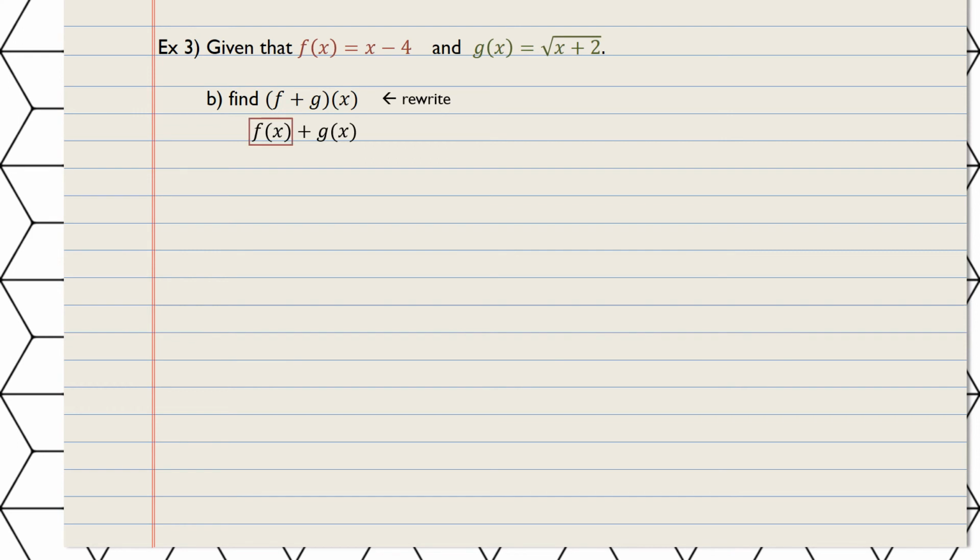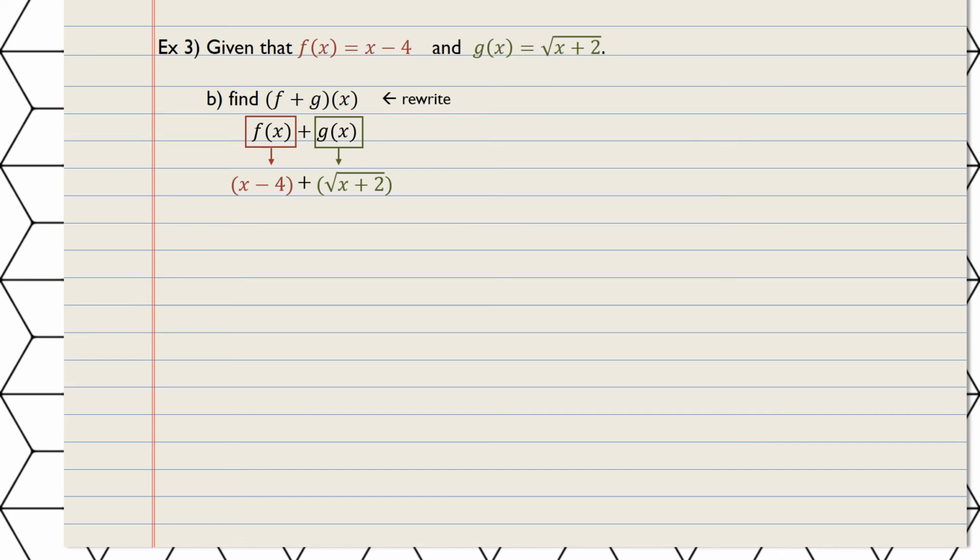We look at the first function, which is f of x, and f of x is the same thing as x minus 4. So we keep it as x minus 4. Now we keep the same operation, which in this case is addition, and we look at the second function, which is g of x. Again, we do not have a value to plug into the function, so we must keep it as g of x, or square root of x plus 2.